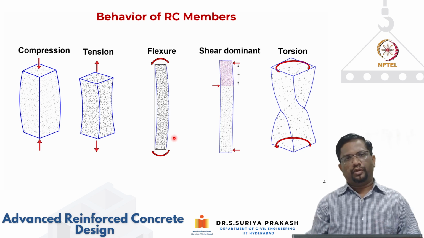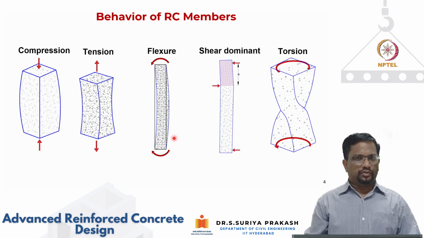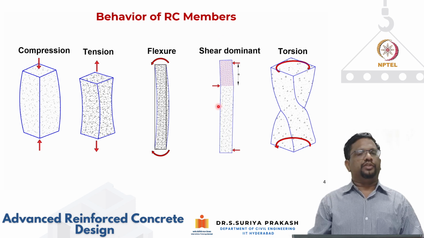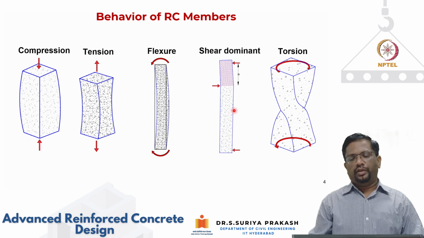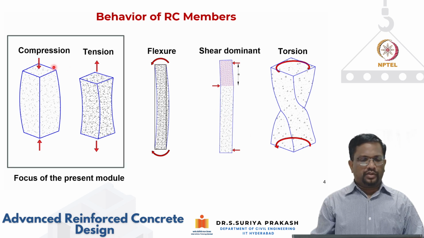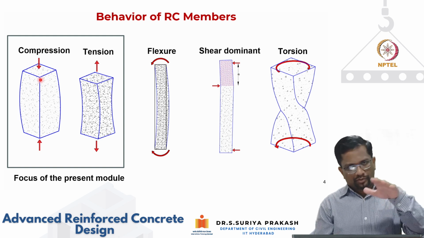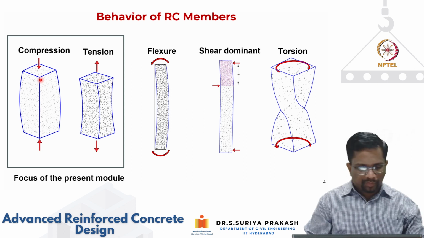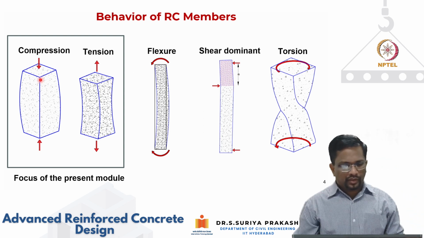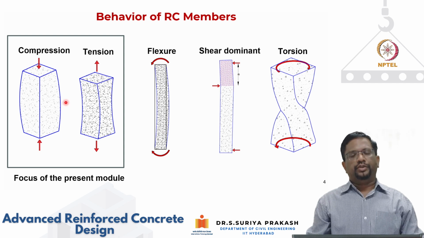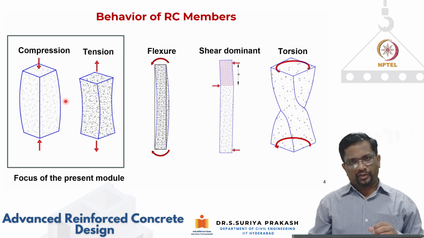Bending can be about both axes, and you can also have members that are subjected to shear and then torsion. Now the axial forces can be either compression, that is going to squeeze the member and put it in compression, or it's going to elongate the member and put it in tension. Like the one that we have seen here. Okay, so this is going to be the focus of this present module.